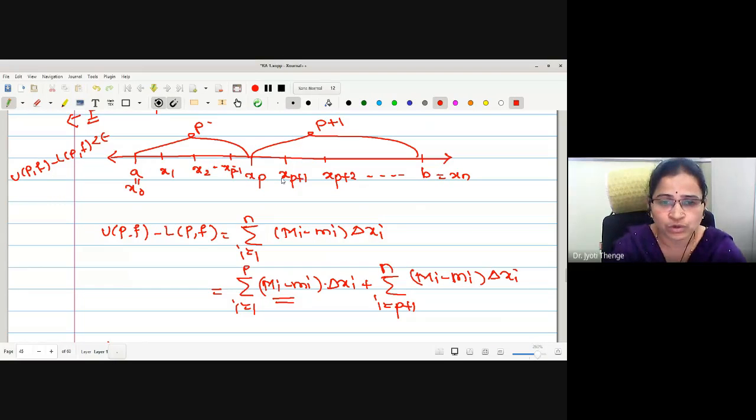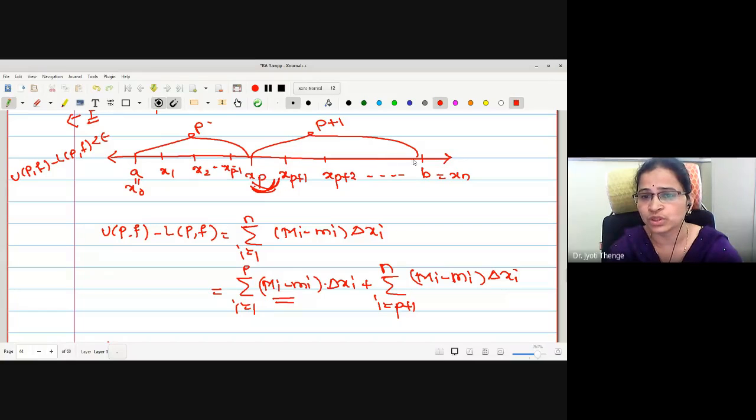Now what are we going to do? We are going to find the contribution to the difference on this interval. What is the length of this interval? x p plus 1 minus x p. Now we want to adjust the total contribution on these intervals to be less than epsilon by 2.